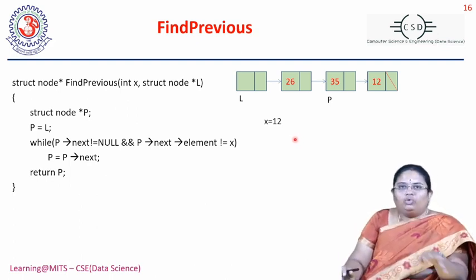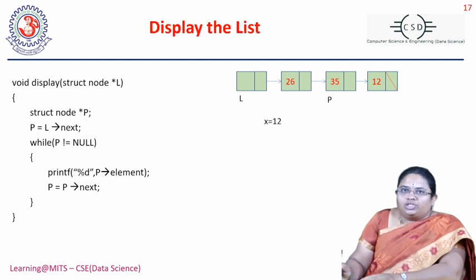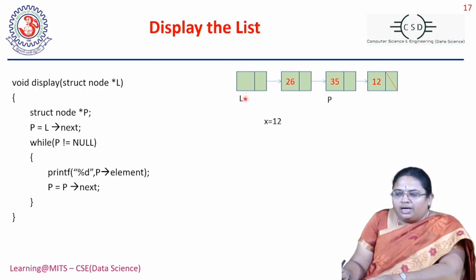And then how to display the linked list. We begin from the structure L, which represents the address of the header node, and from here we access each node by traversing through P equal to P next.